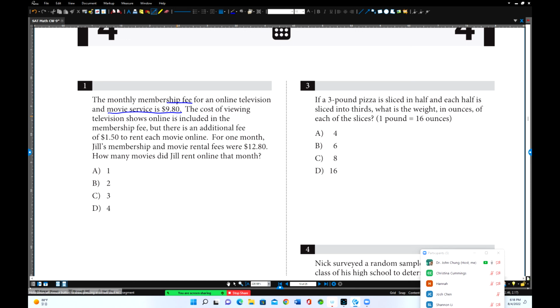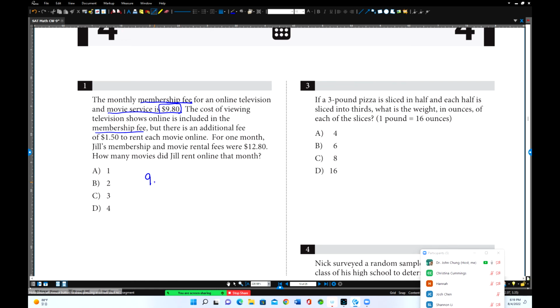Okay, so what is that? Membership fee. Can you see over here? Monthly membership fee for the online television and movie service, $9.80, okay?